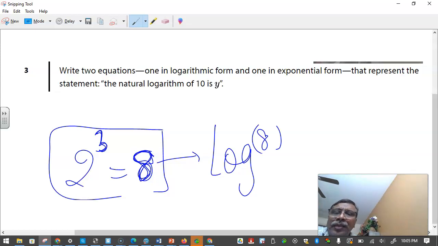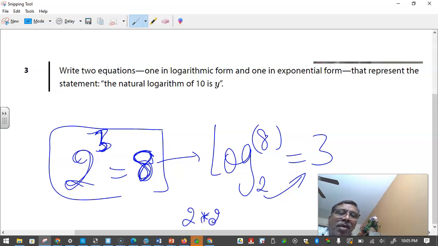And because the 2 is there, that 2 is put down, and then this input becomes the output. So it's just asking how many times you multiply 2 like this to get this 8. That's all it is. Common sense, and we all know there are three of them, 1, 2, and 3, and that's why the answer is 3.